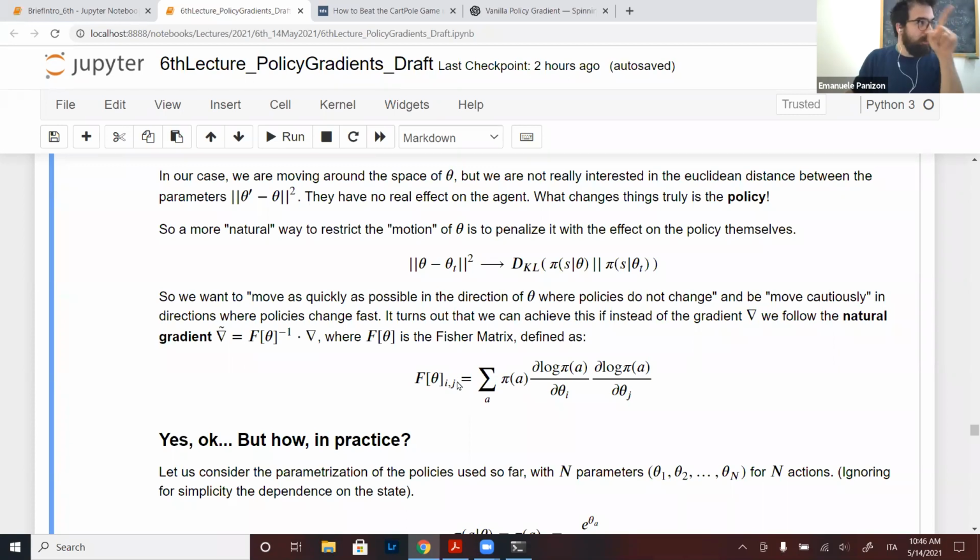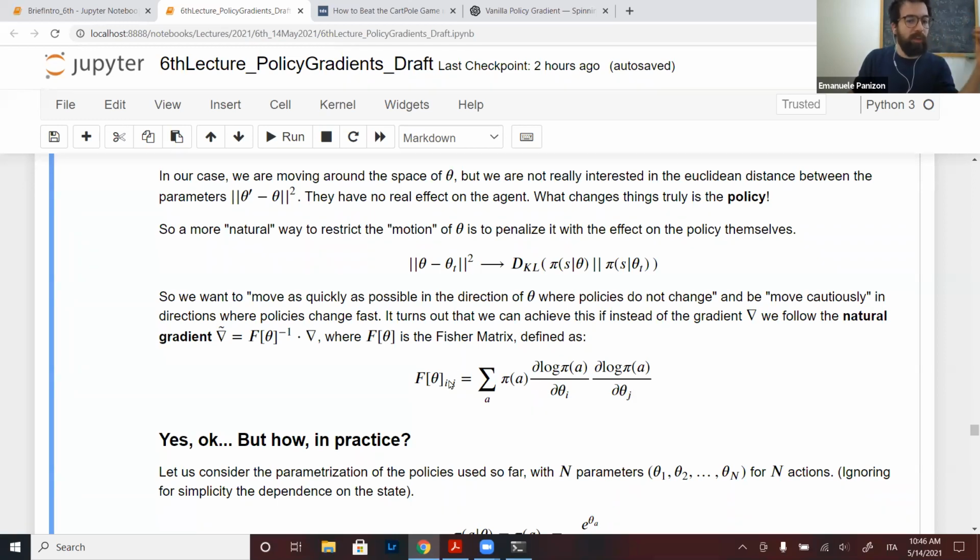Then each element of that matrix is the sum, over each action, of the probability of taking that action, times the derivative with respect to theta i of the logarithm of the probability of taking that action, multiplied by the derivative of the logarithm of taking that action with respect to the parameter theta j.